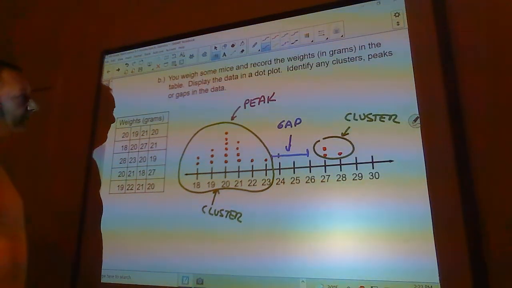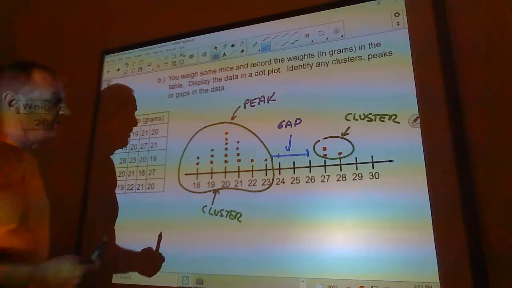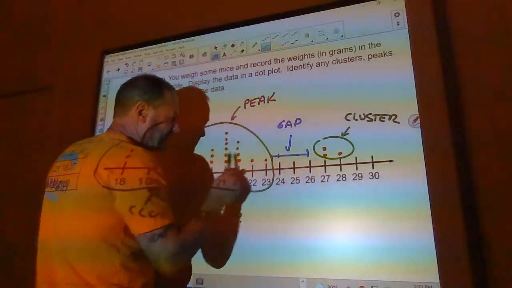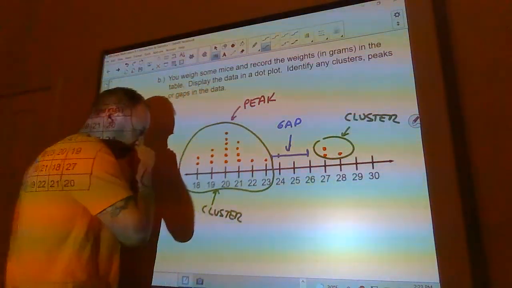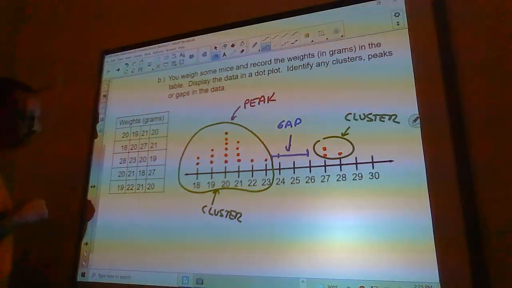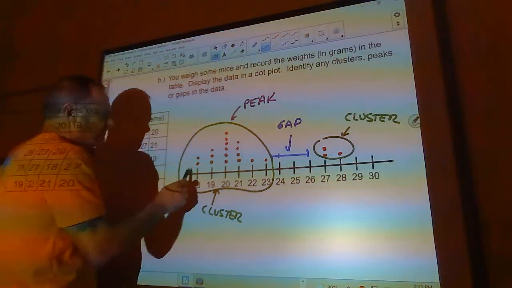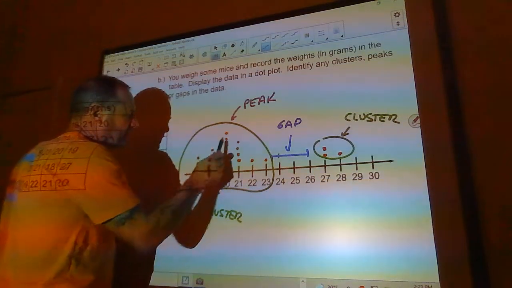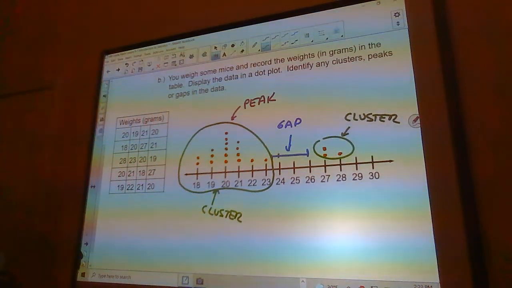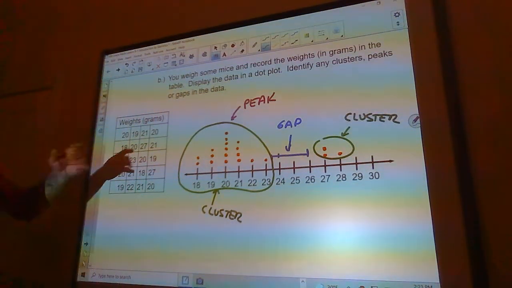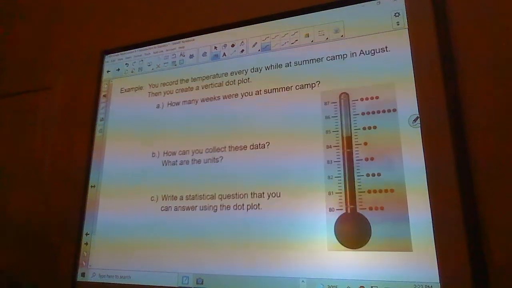Anyway, there you go. So this is a dot plot. Now, notice I made them all nice and even on each row, and even tried to evenly space them. So you can kind of turn these into bar graphs if you want to later. But a dot plot gives you a good visual representation of your data.